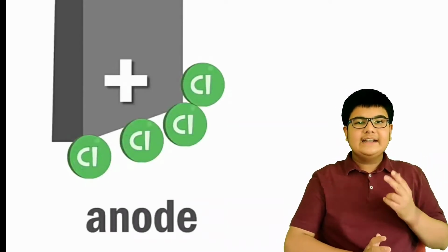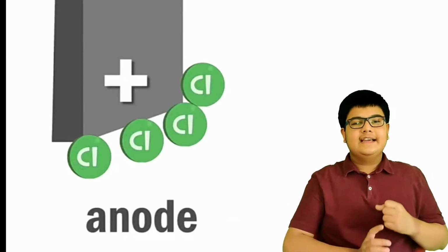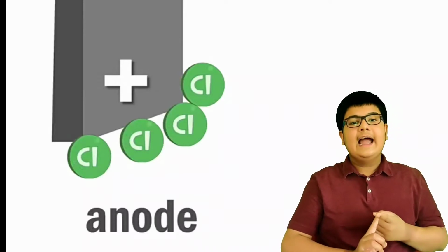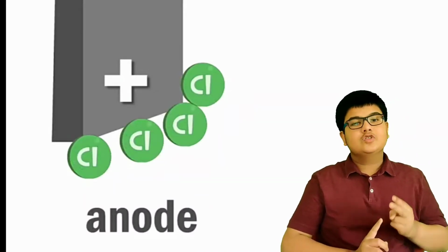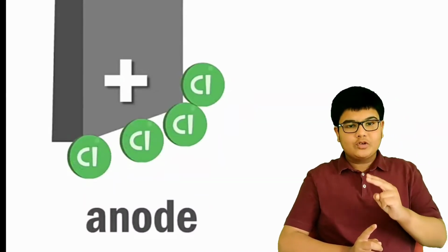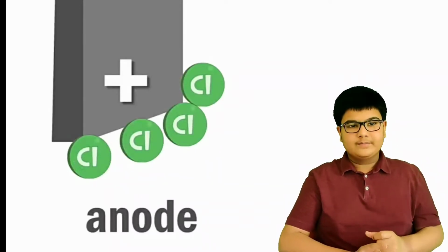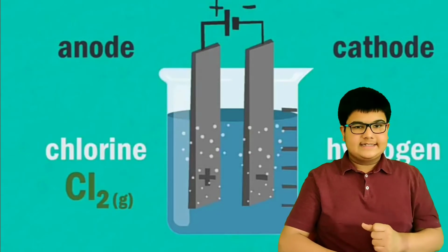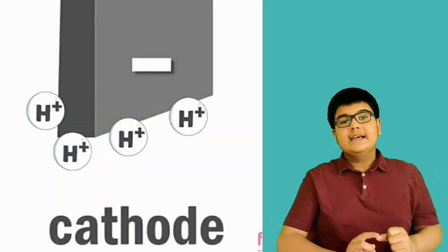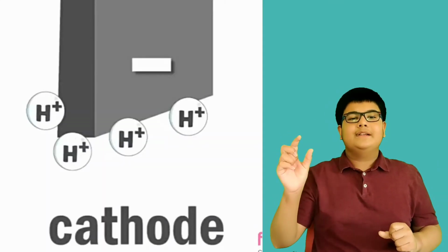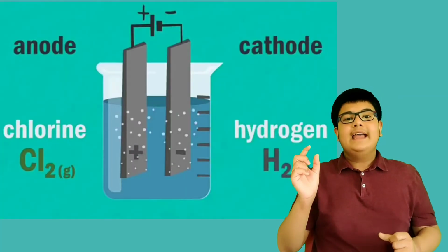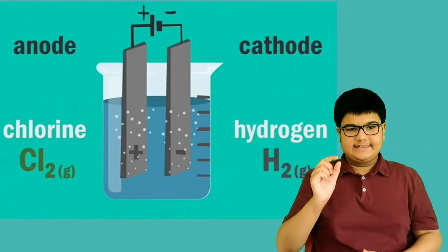Now which are the negatively charged ions? Yes, they are Cl negative ions and OH negative ions. So Cl negative ions will move towards the positive terminal, that is the anode, to form chlorine gas, and the H positive ions will collect near the negative terminal, that is the cathode, and form H2 gas, that is hydrogen gas.